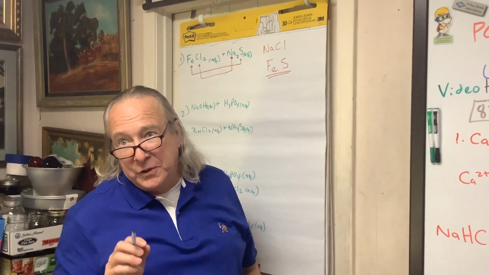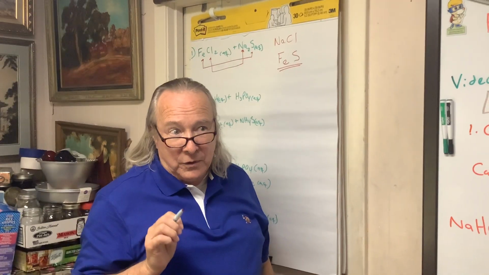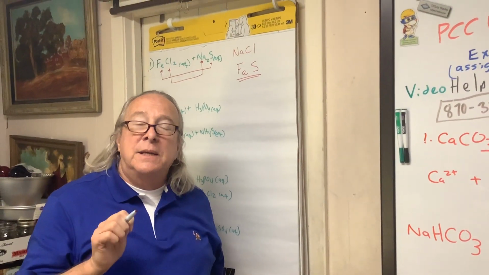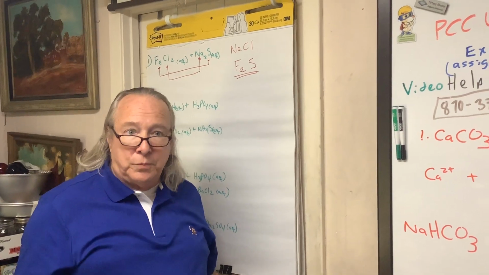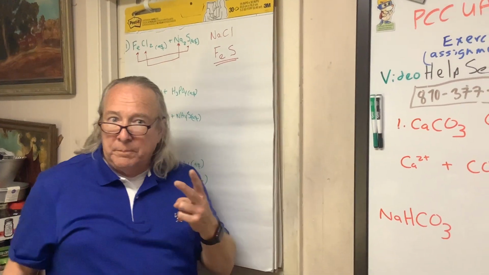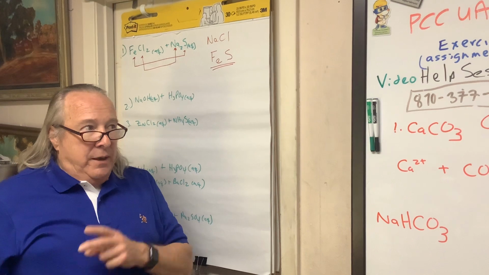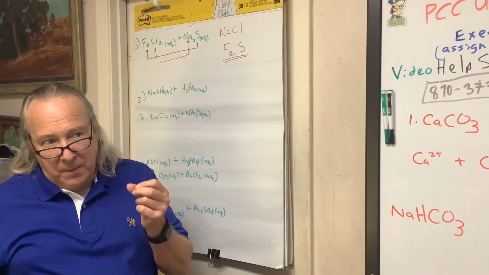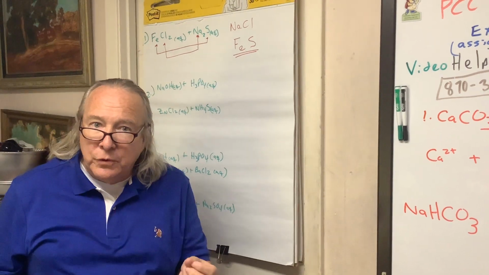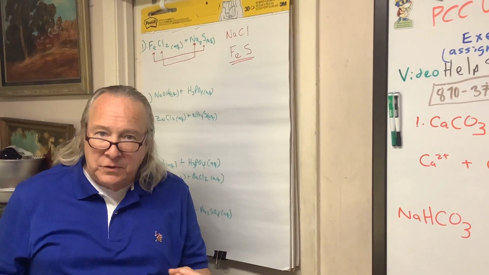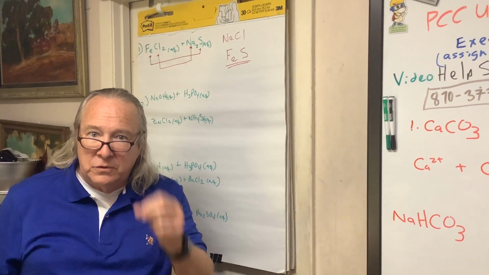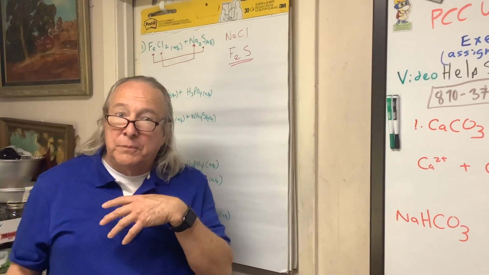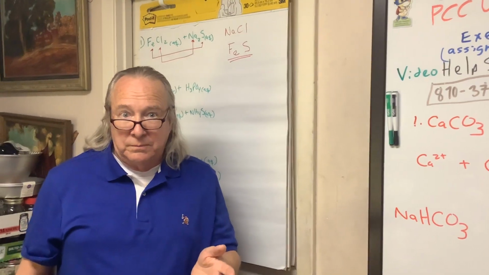Well, this wasn't a very good one because I'm not sure I gave the rules for sulfides in the list of rules. But my main rules were, if it is a nitrate or acetate salt, it's soluble. Just about everything else is insoluble, except when we look at the other rules.